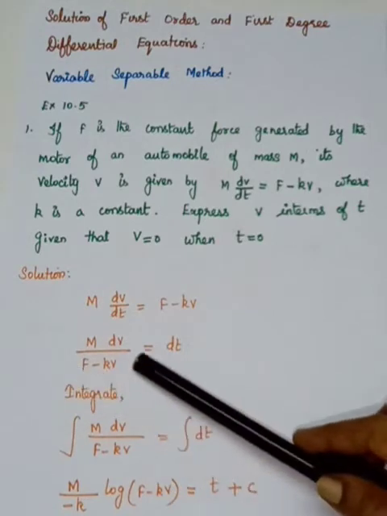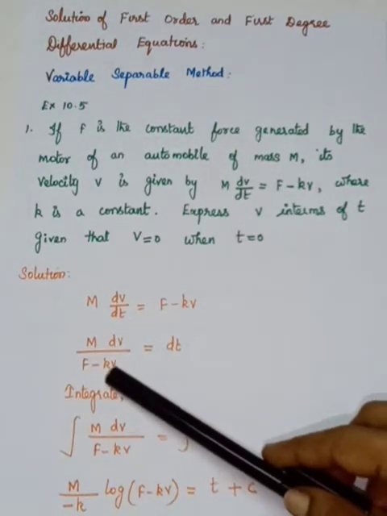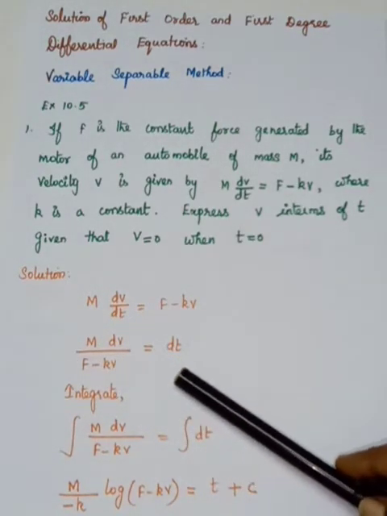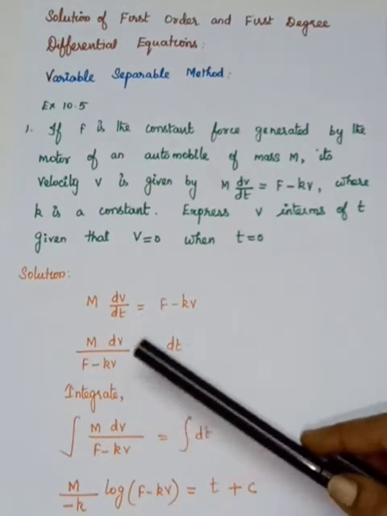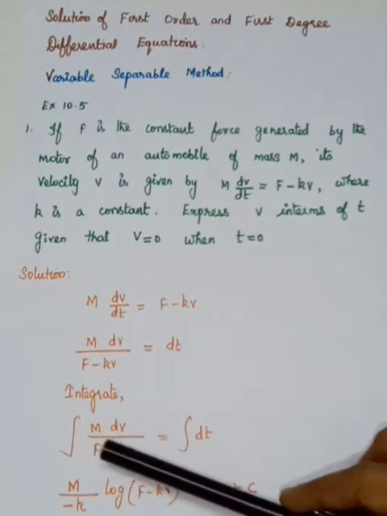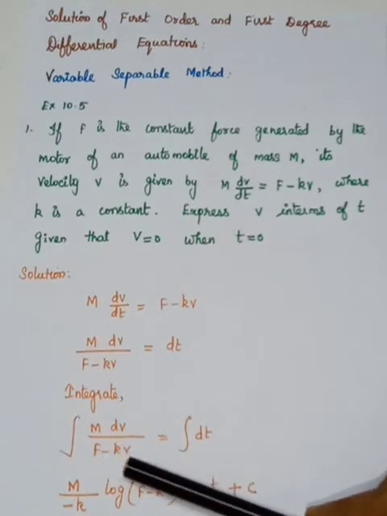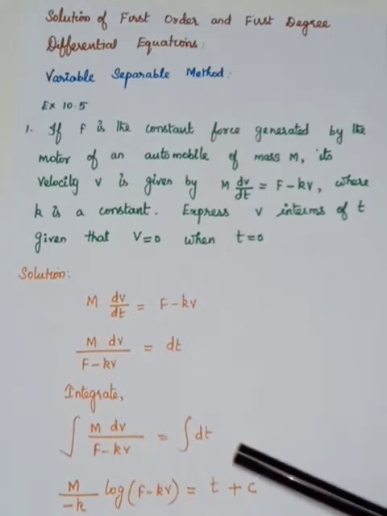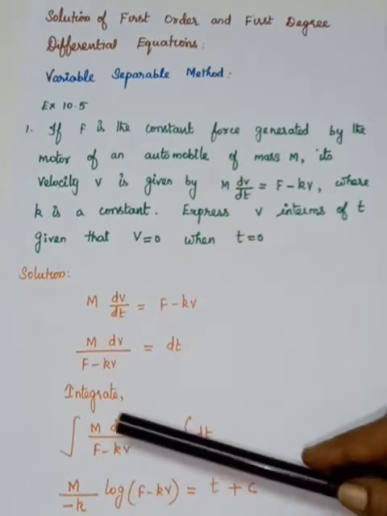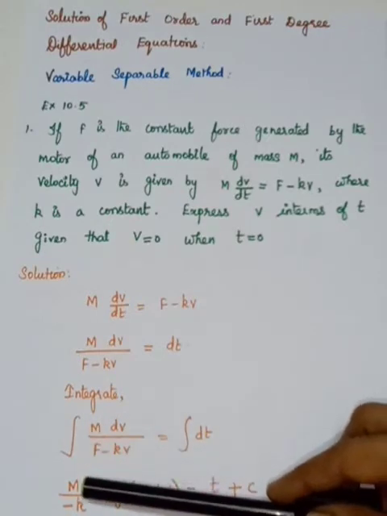You see that one side has v terms along with the constant, and the other side has t terms, so you are going to integrate on both sides. So integral m dv divided by F minus kv is equal to integral dt. Here m is a constant, so it is taken out.